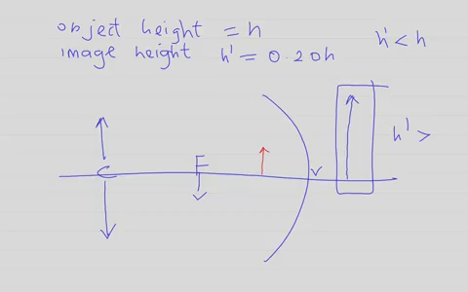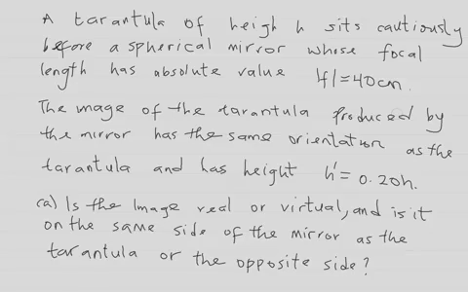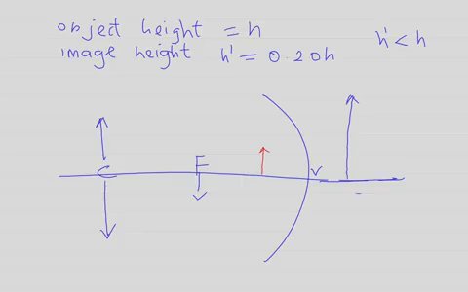Now, what we want to do is decide whether the mirror is convex or concave. So let's look at the information given. We see that it has the same orientation.